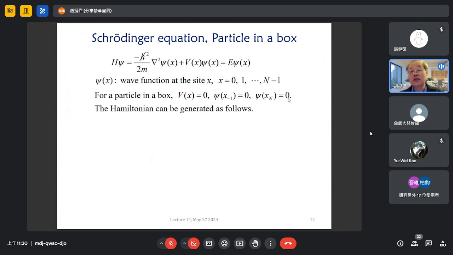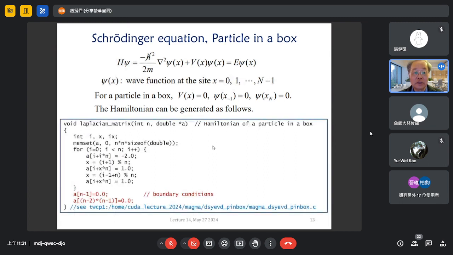Because of the potential, that is the box, the wave function cannot be extended beyond the box. So the wave function outside must be 0. So the Hamiltonian can be generated as this.